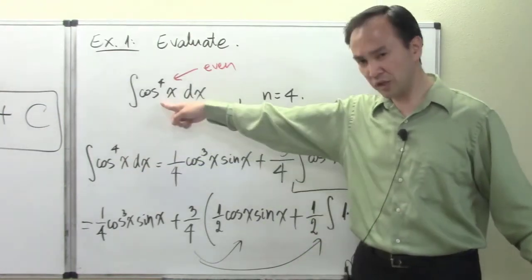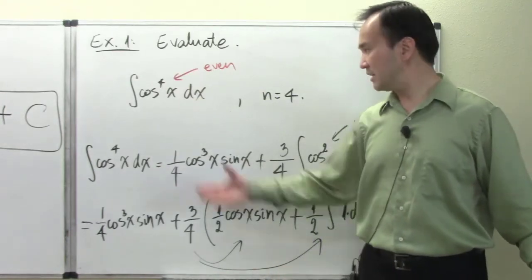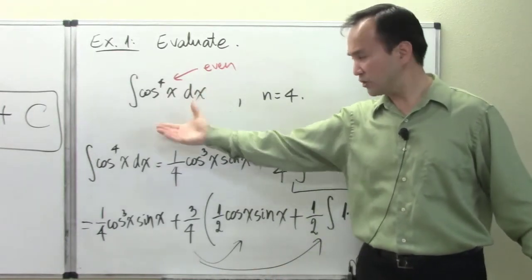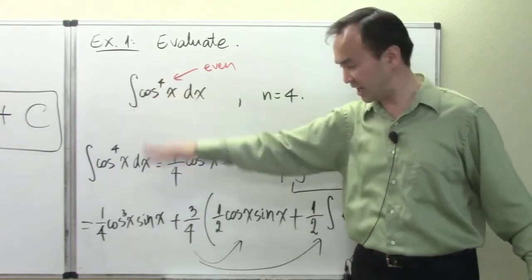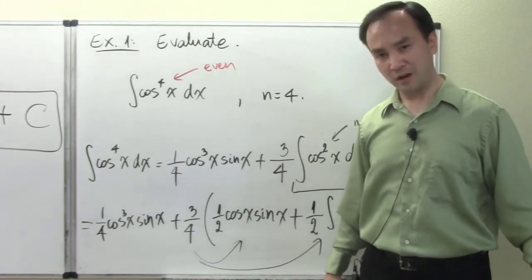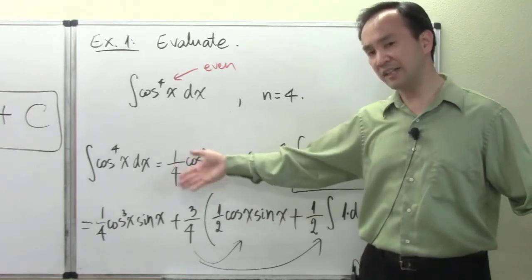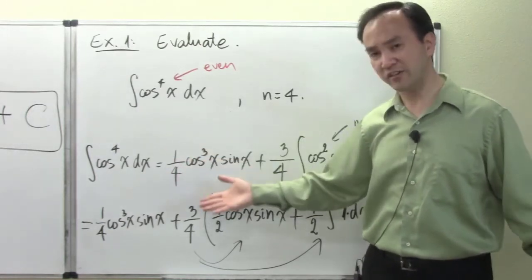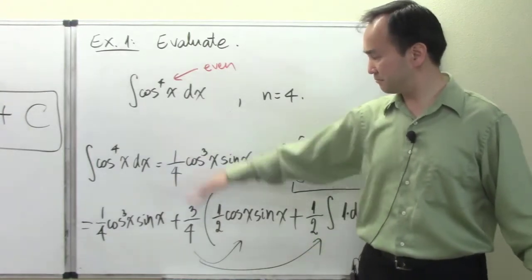If it's a power of cosine, you use the reduction formula for a power of cosine. If the problem is a power of a sine function, then use the reduction formula for a power of sine. Okay, somebody says they like the reduction formula, somebody says they don't, but at least it works.